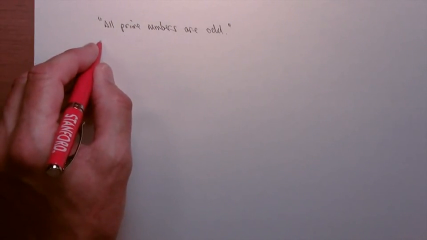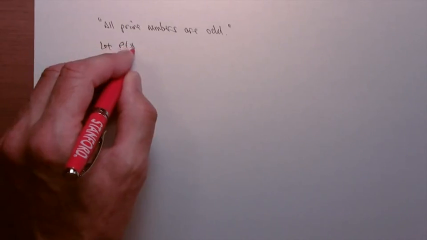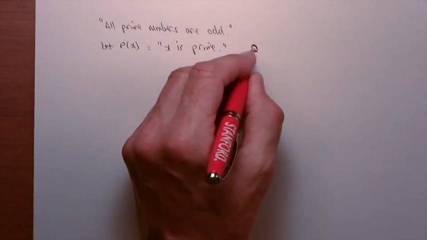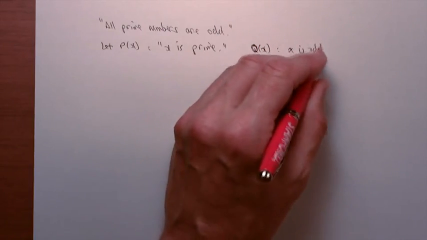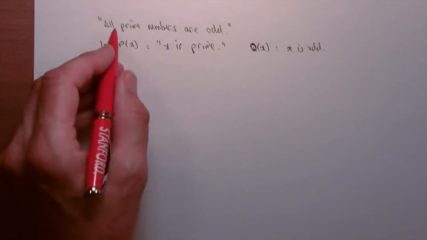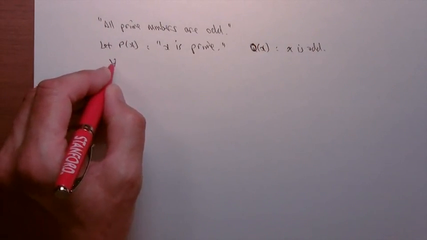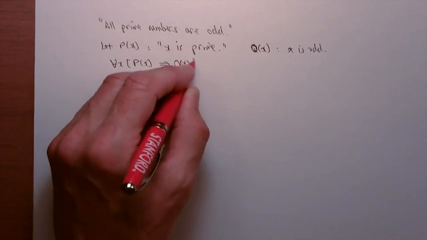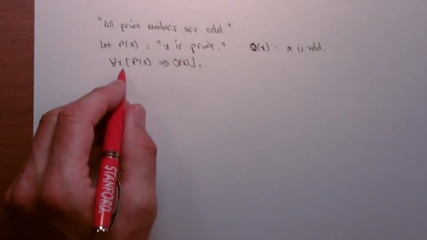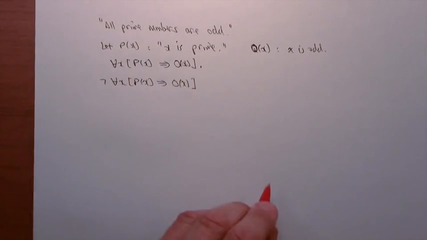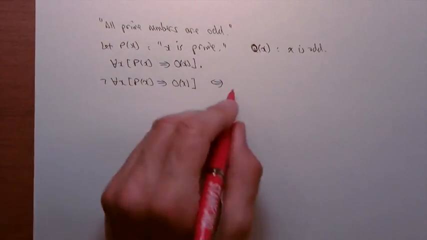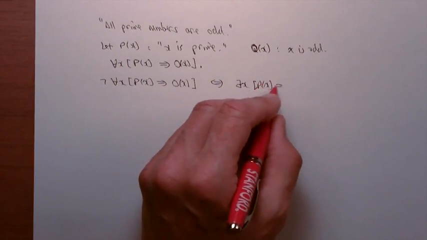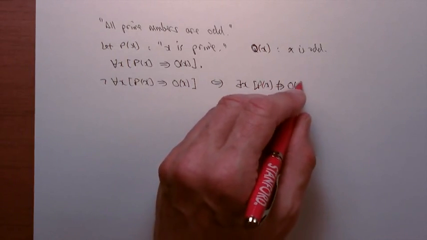Okay. So I'm going to let P of x mean x is prime, and I'm going to let O of x mean that x is odd. So the sentence can be written symbolically as for all x, if x is a prime, then x is odd. When I negate this, I get exists x, P of x and not O of x.